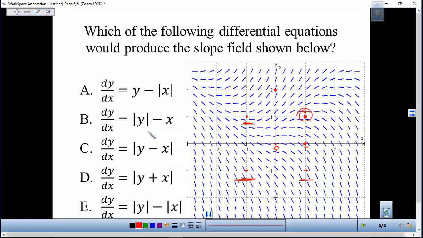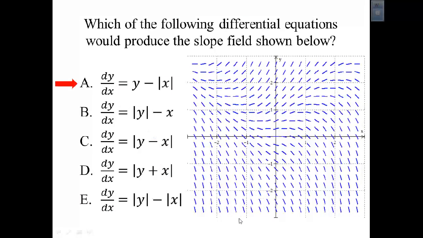Now, once you do all that, the answer you should come up with is that you should be able to eliminate everything except for A. Try this, because I guarantee you you're going to have a test question like this. Go back and make sure that you can use points in all the quadrants to eliminate all of these except for A, because A is the one that actually works here.